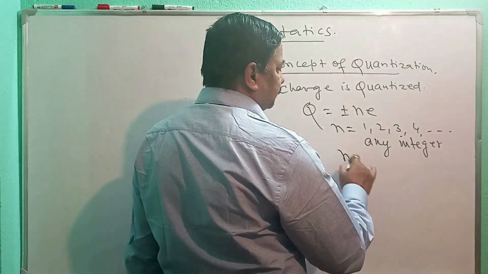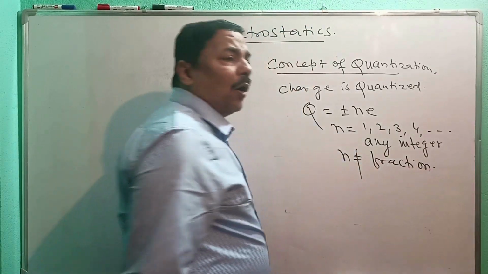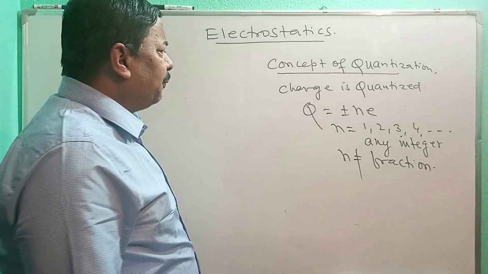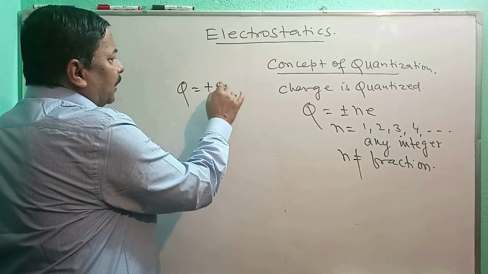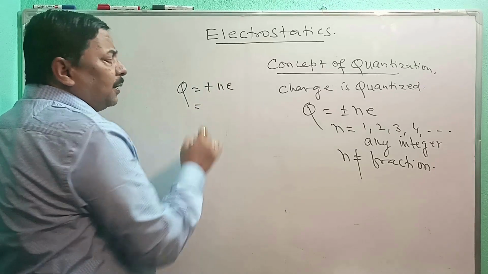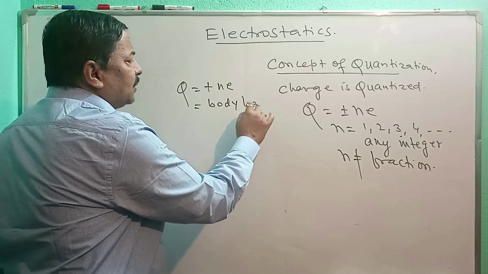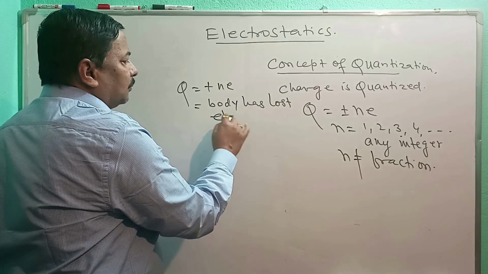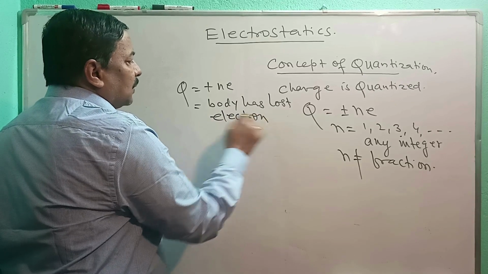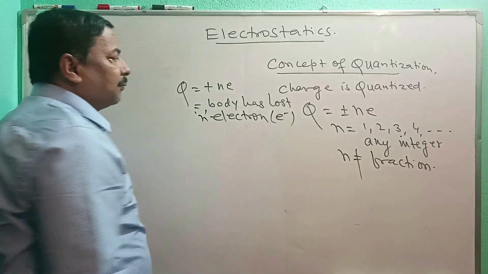But N cannot be a fraction. If I say Q is equal to plus Ne, what does it mean? It means the body has lost N electrons, symbol e minus.